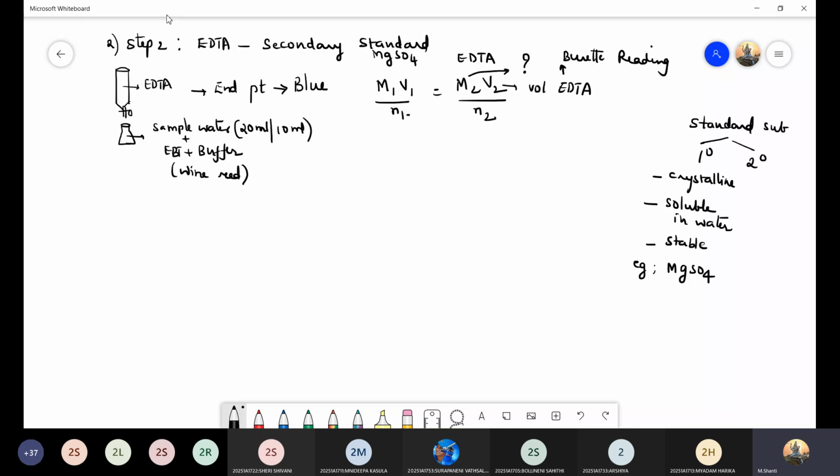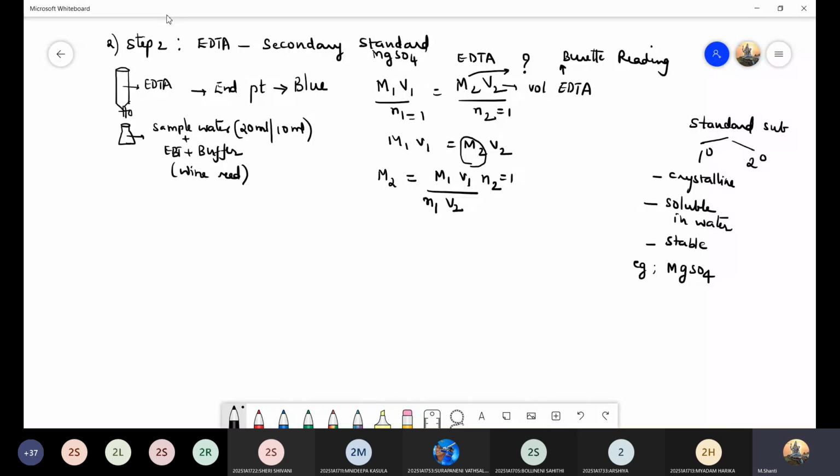So here remember N1 is 1, N2 is 1. So finally your equation is M1 V1 equal to M2 V2. What do we need to calculate now? We want to find the concentration of the EDTA, that is M2. So if I want M2, the formula changes to M1 V1 by V2. In case you want to substitute N2 also, no problem: M2 equals M1 V1 by V2 into N2.